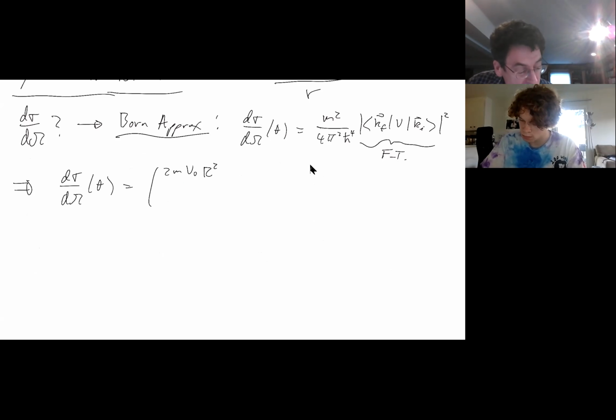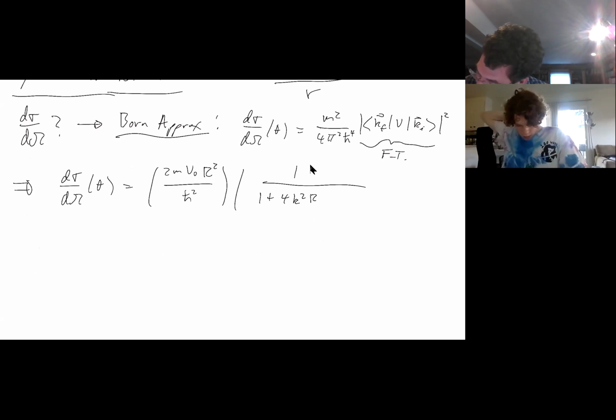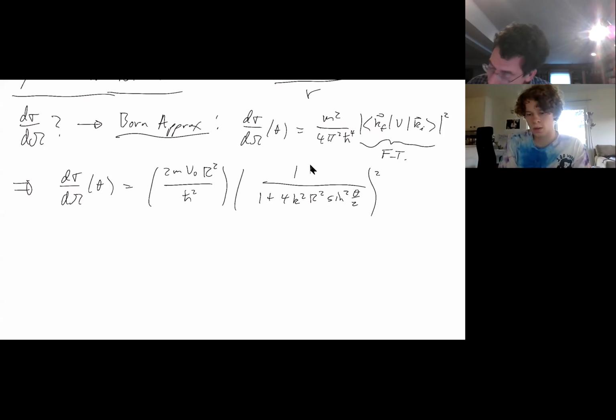We can write it down in a simple form. And when we write it down, it looks like this. And then we have to square this. And so it's just this funny formula.